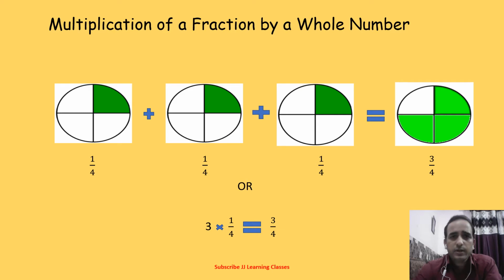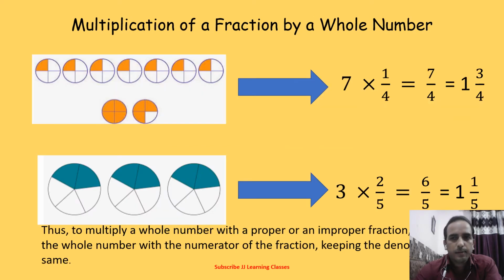Addition is time consuming for larger values and larger numbers, adding the same values again and again. This is what you understand from this slide. Now next we have the multiplication of a fraction by a whole number.